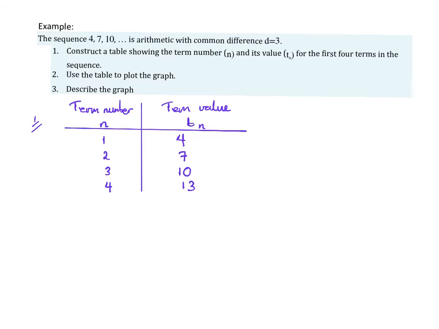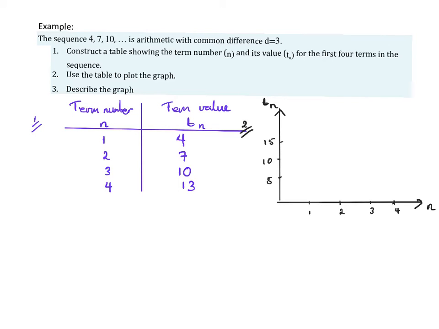Part B, or part 2, wants us to use the table to plot the graph. Now, we've talked about the fact that an arithmetic sequence should be a straight line graph. Let's have a look. So let's start off by constructing our axes there. Tn is on the vertical axis and n is on the horizontal. So n is going up in ones right through to 4, and our Tn value goes up to 13.